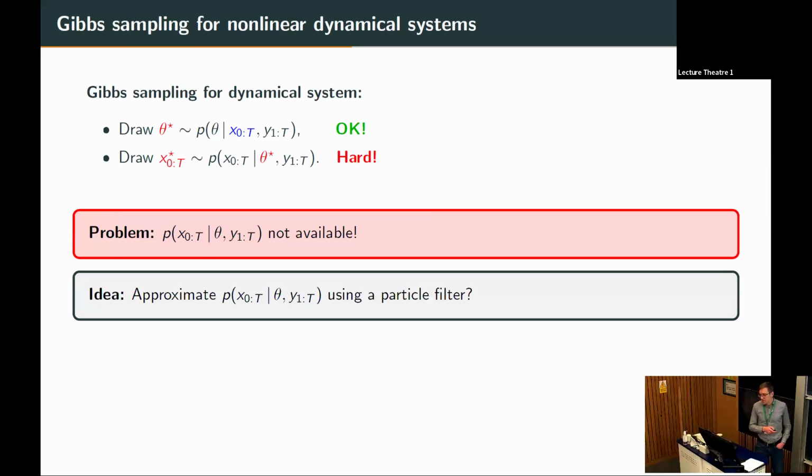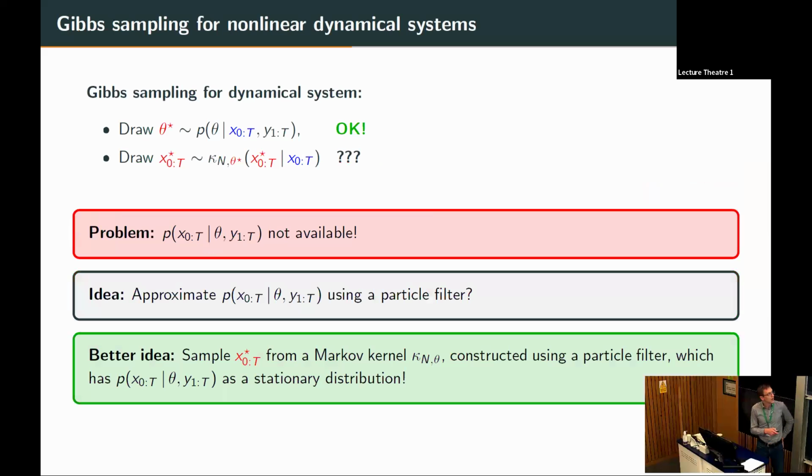So this is kind of the starting point for this particle Gibbs algorithm. And we said that it's not really satisfactory because we used just a sample from the particle filter here. So what we will try to do instead is to replace running a particle filter and taking just a trajectory by constructing some Markov kernel, kappa, with subscripts N and theta.